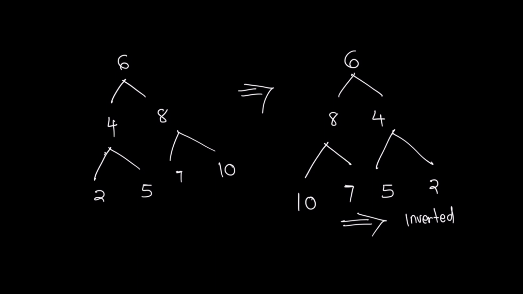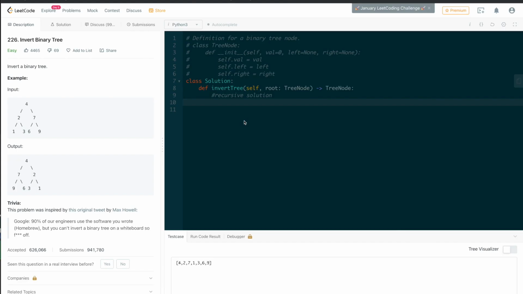We're going to have a recursive solution, and we're also going to make use of an iterative solution. Let's look at how to approach these two solutions in code. We're going to start with the recursive solution. We're first going to check whether the root exists or not, so if not root, we'll return None.